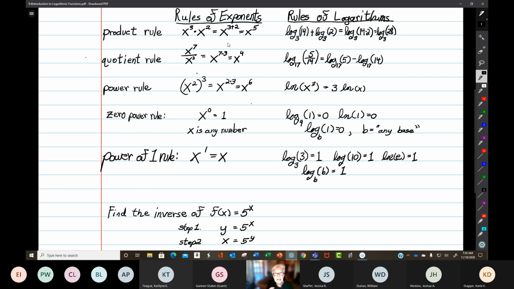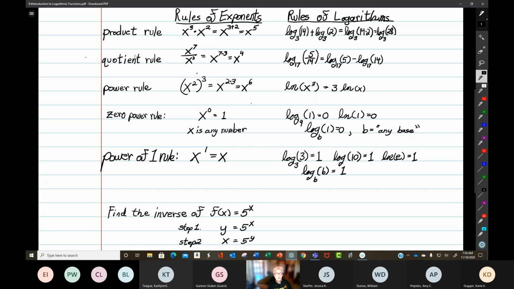So it's a different experience, but the same math that governs exponents will govern logarithms, because logarithms are exponents. Hard to believe, but true.